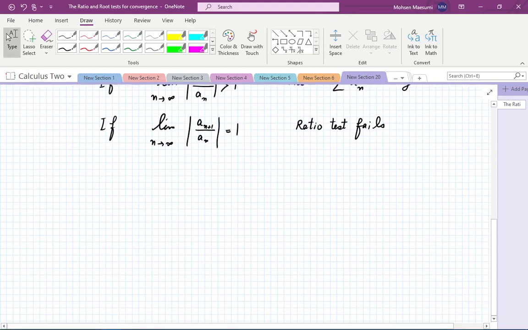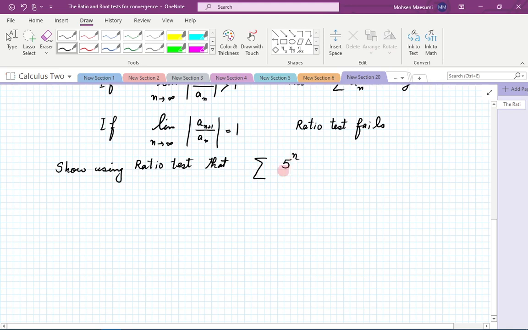So suppose I have, show using ratio test that the sum of, let's write something like say, 5 to the power of n over n factorial converges, or test it and decide if it converges or not.